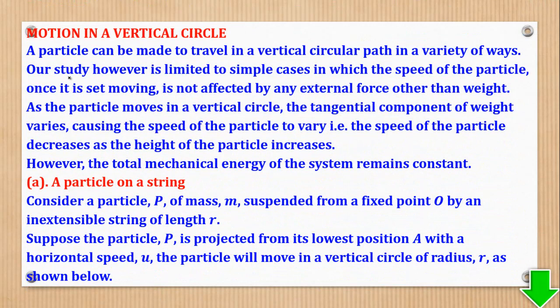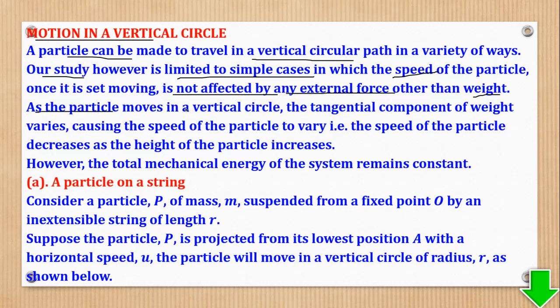So now we have been dealing with motion in a horizontal circle, but now we shall start motion in a vertical circle. A particle can be made to travel in a vertical circular path in a variety of ways, but our study is limited to simple cases in which the speed of the particle, once it is set moving, is not affected by any external force other than weight.